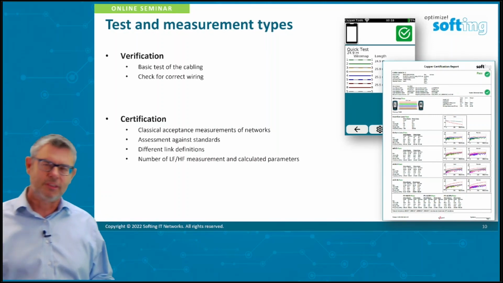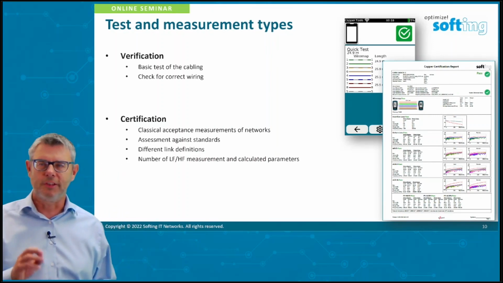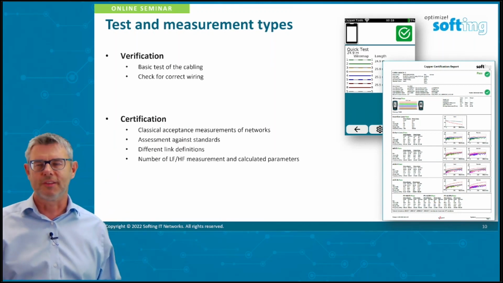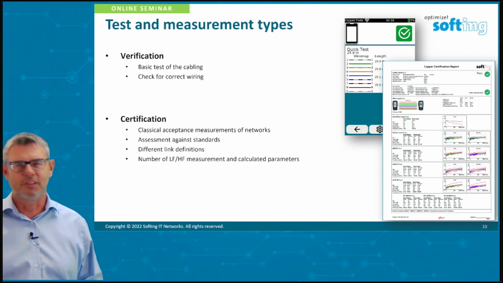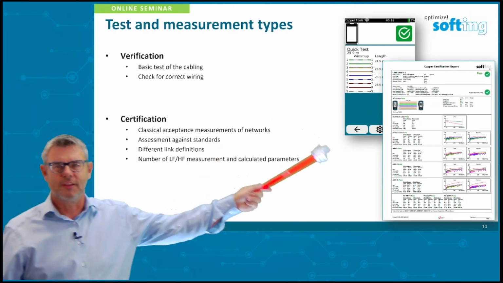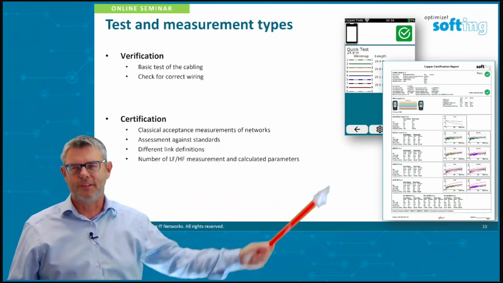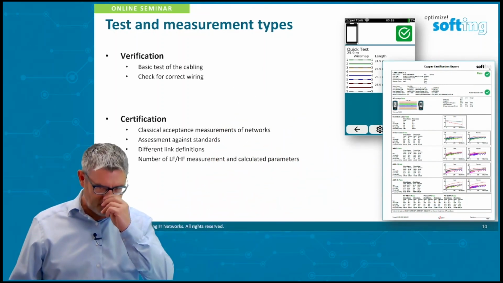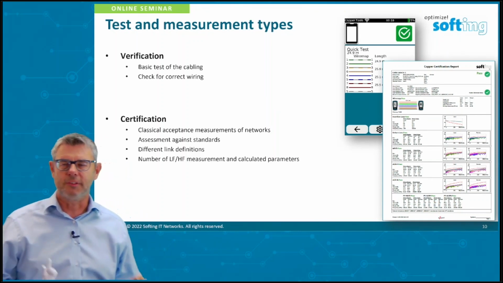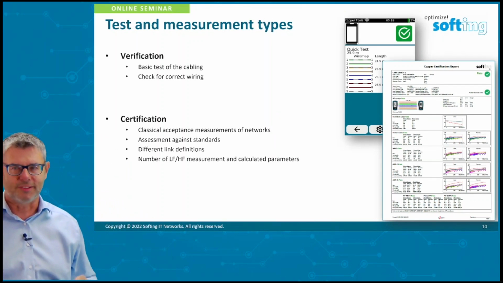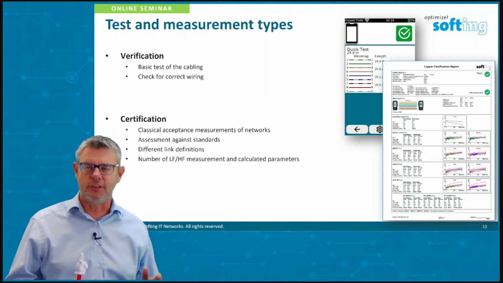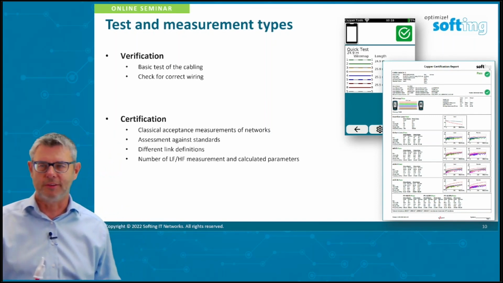It is absolutely detailed testing of a lot of low frequency and high frequency parameters, summing up 14, 15 parameters. And when all parameters of the measurement are okay, it's allowing us a statement, this link will definitely work up to a certain frequency. Okay, this is certification, and this is what we're talking about today in very deep detail.